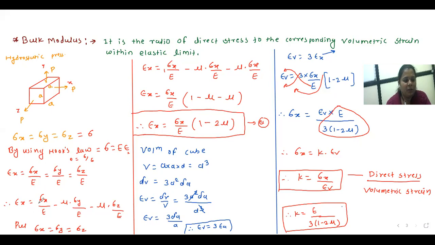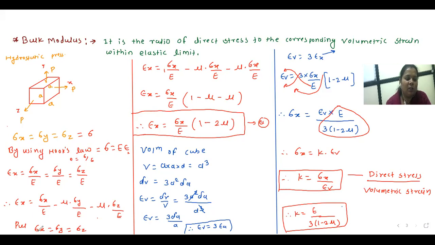After that, next, here we have written the equation by considering Poisson's ratio. So epsilon x is equal to sigma x upon E minus mu into sigma y upon E minus mu into sigma z upon E. This is the volumetric strain equation. But in the first step we have already assumed the stress along x, y and z direction is the same.